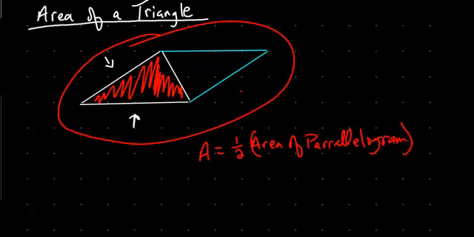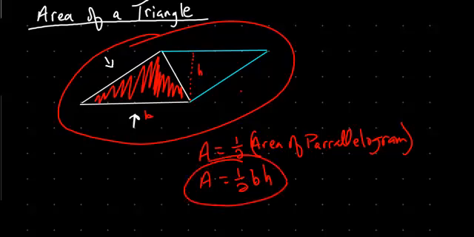But we know just from a minute or two ago that the area of the parallelogram is going to be, if I call this my base, and then the perpendicular height to the top of it, call that h, base times height. So the triangle is 1/2 base times height. And so that's where that formula comes from.